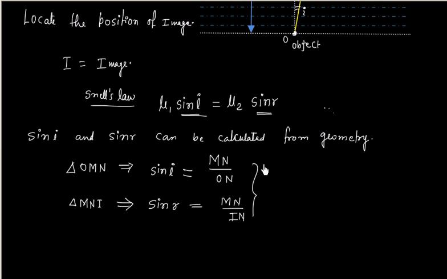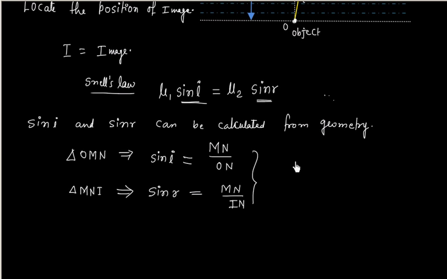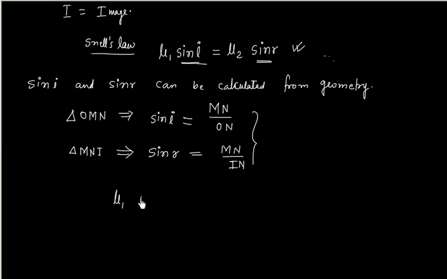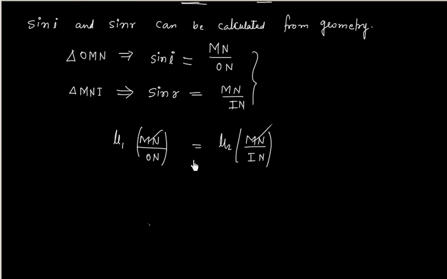Now if I put the values of sin I and sin R in this equation, MN cancels, so we will have mu1 by ON is equal to mu2 by IN.